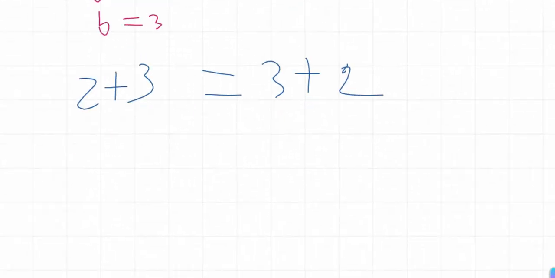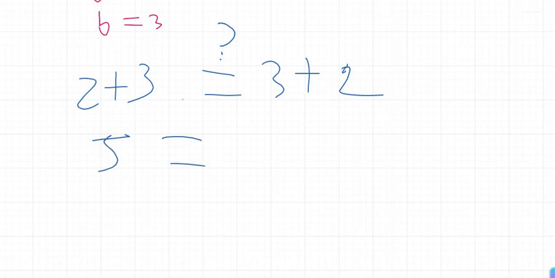Let's evaluate this. Let's continue to work with our question mark until we can confirm that the order in which we add these numbers won't change anything. So 2 plus 3 equals 5, and the other side also gives you 5. So we can remove this question mark.